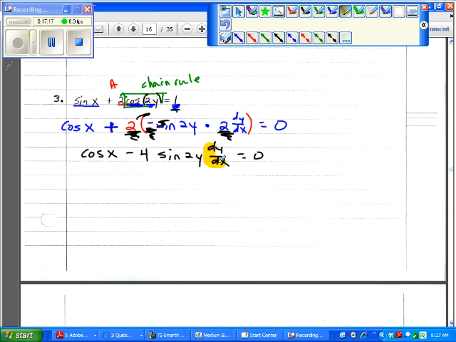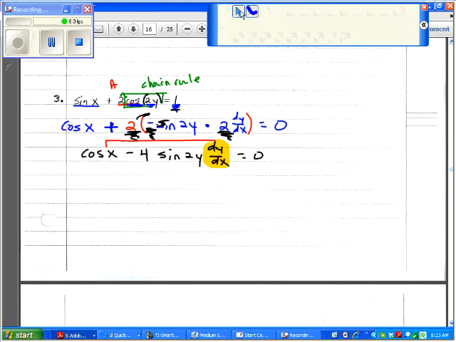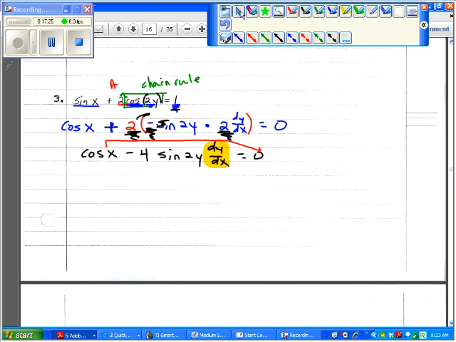we've got a dy dx here, so we want the dy dx terms on the left. This term does not have a dy dx, so we move it to the right, which would change the sign. We're going to have negative 4 sine 2y dy dx is equal to, when we cross over, we change the sign, negative cosine x.